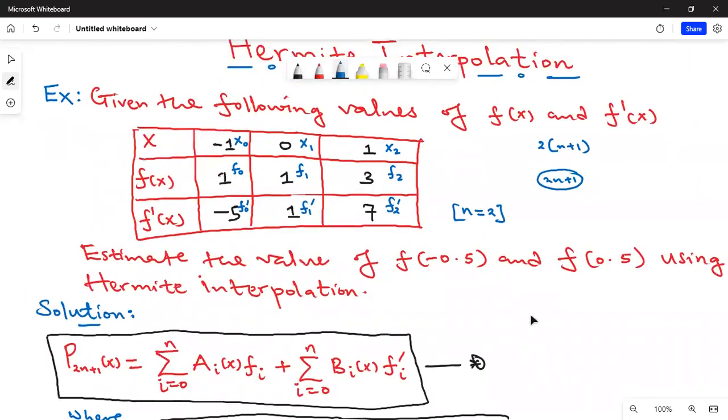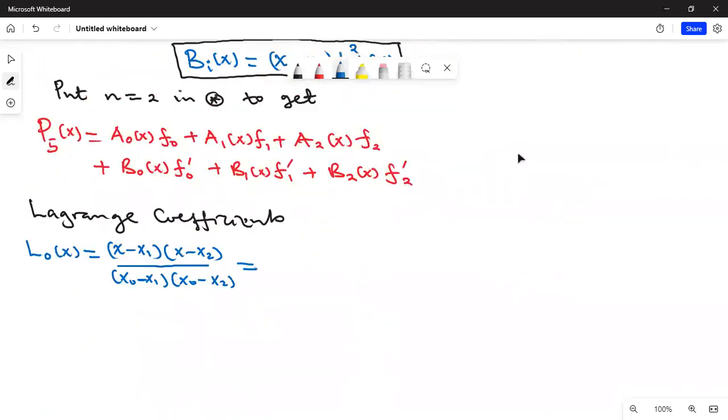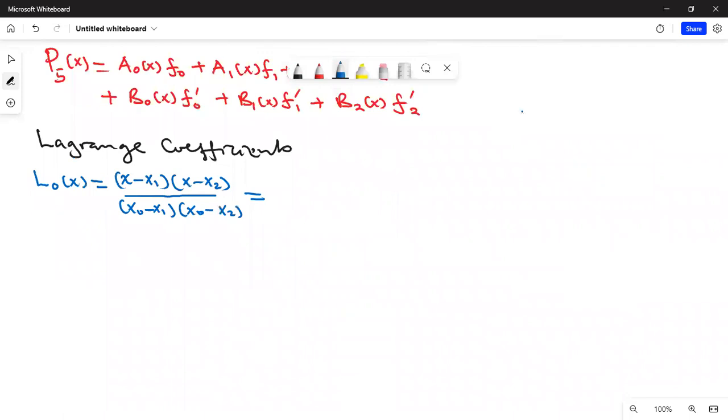X naught is -1, x1 is 0, and x2 is 1. So let's substitute those values. So this will give us x minus 0, x minus 1 over x naught, that was -1 minus 0, -1 minus 1. And so that should be able to give us 1 over 2 into x squared minus x.